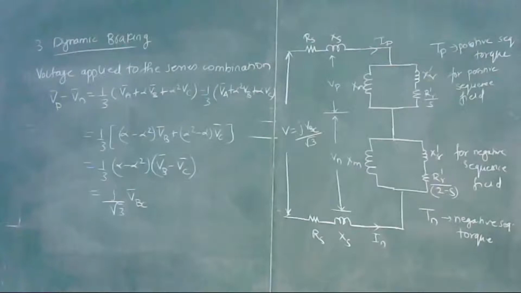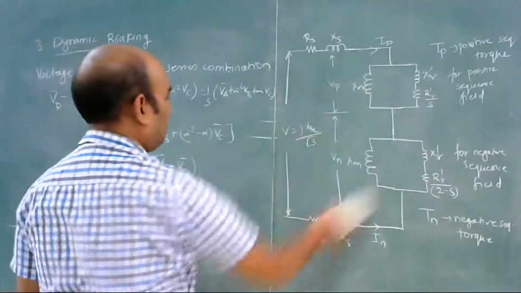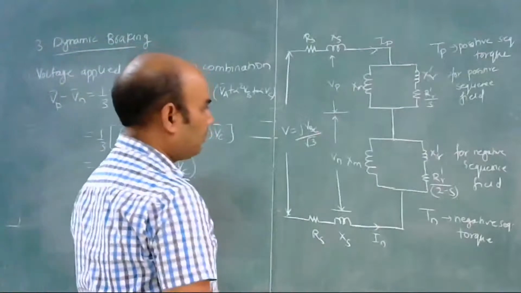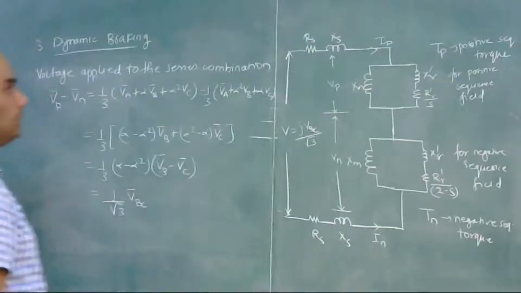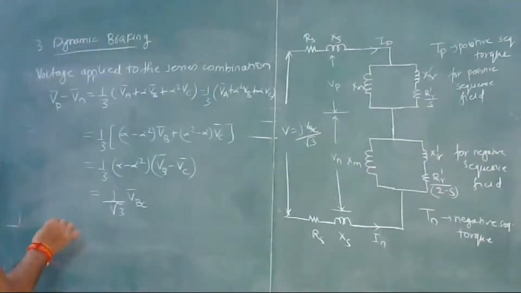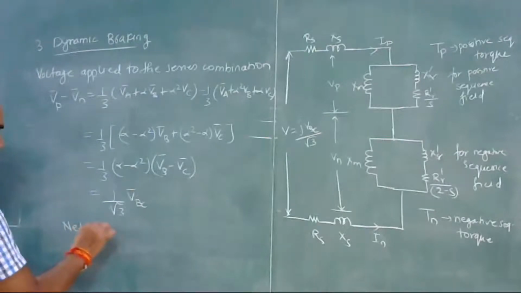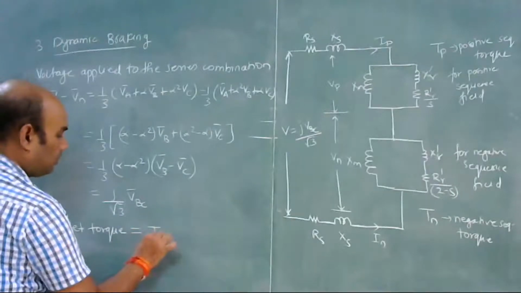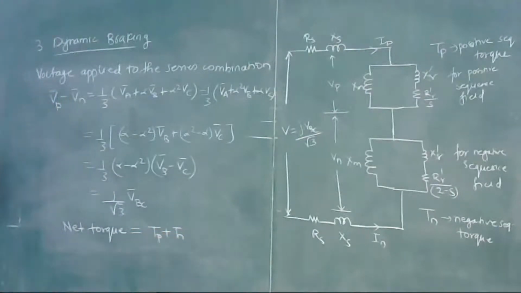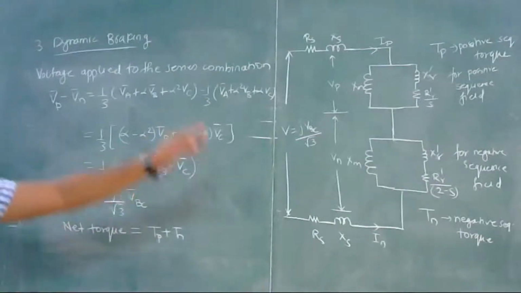Once we have this voltage and this network for negative sequence and positive sequence, we can easily calculate the torque, and the net torque will be the summation of the positive sequence torque and the negative sequence torque. So net torque will be equal to Tp plus Tn, and you can find the current also. So we can calculate current and torque by using this network.